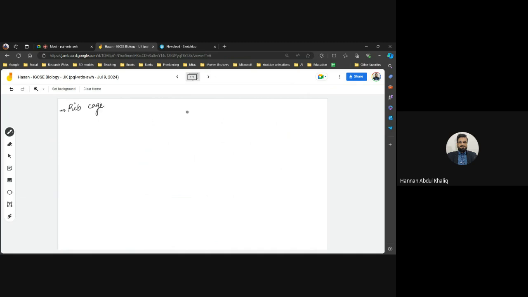Okay, now for this purpose, I would take a bit of time to draw the diagram. This is the middle bone of the chest, and the ribs basically start from here. The first rib.